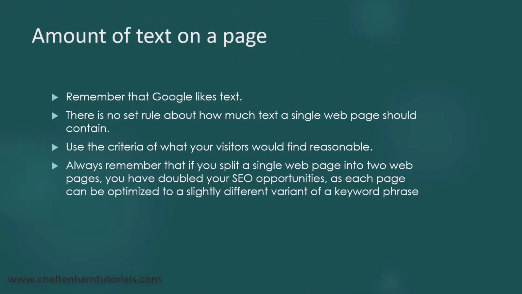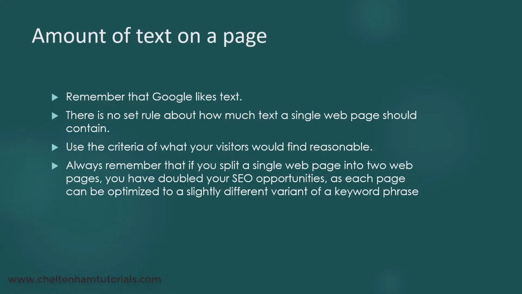Now, as you're probably beginning to realize, Google likes text, and the more text, the better. There's no set rule about how much text a single page should contain, but really as much as possible would be my advice without overdoing it. That said, you don't want to have absolutely reams and reams on a page.